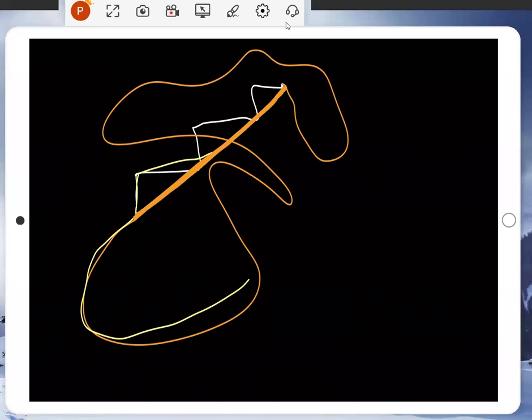Okay, so that's why this thing is called displacement. The big line here is displacement. But then this one here is total distance traveled, and that's the one we use in speed.